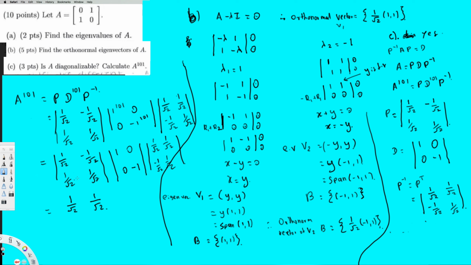Then second row, first column: 1 over root 2, this is 0, so it's going to be 1 over root 2. And second row, second column: 1 over root 2, 0, minus 1 over root 2, so it's going to be minus 1 over root 2. So the result is 1 over root 2, 1 over root 2, 1 over root 2, minus 1 over root 2. This is enough to give as the answer. We don't have to simplify further.